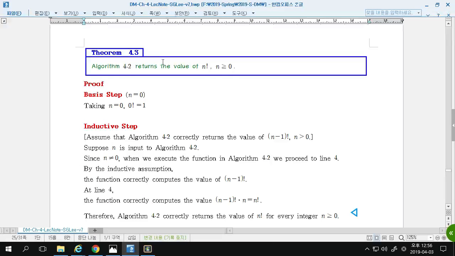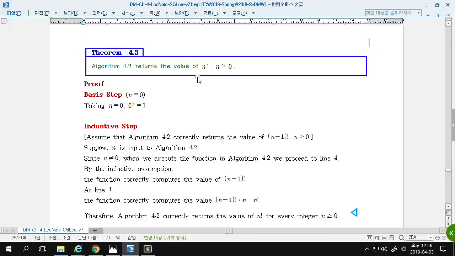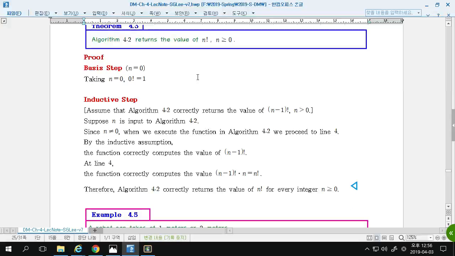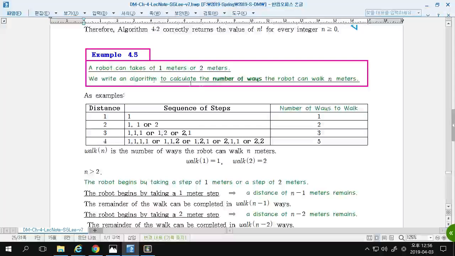Okay, algorithm 4.2 returns the value of n factorial. We can prove by mathematical induction that the algorithm works. The next example, 4.5, is another interesting example.